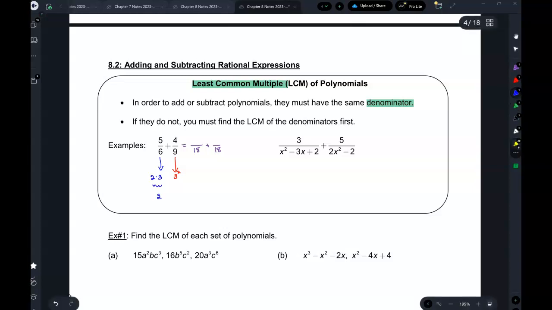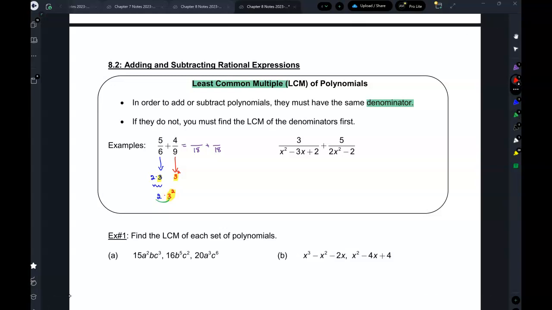But now I'm stuck, because I've got a 3 and a 3 squared. Between the two of those, I pick the one with the higher exponent, 3 squared. So now that becomes 18. And so in 18, I find all of the factors of 9 and all of the factors of 6. Okay, so now I know my denominators are 18.